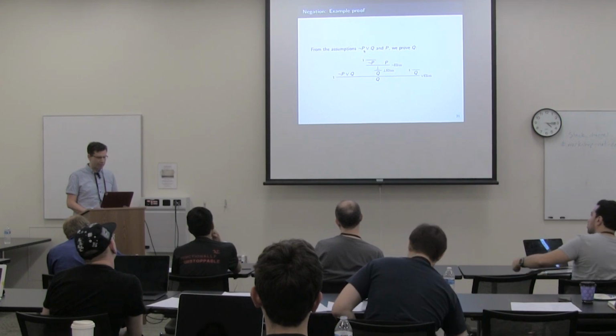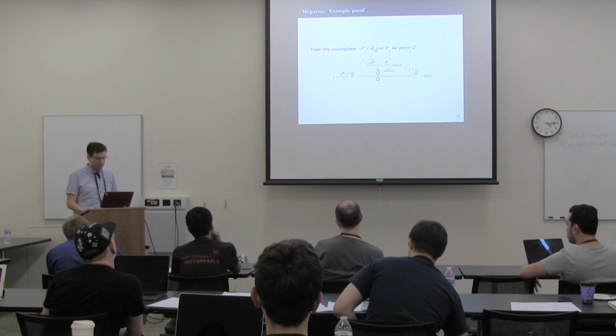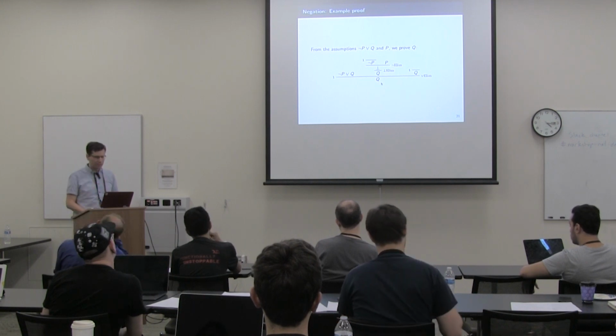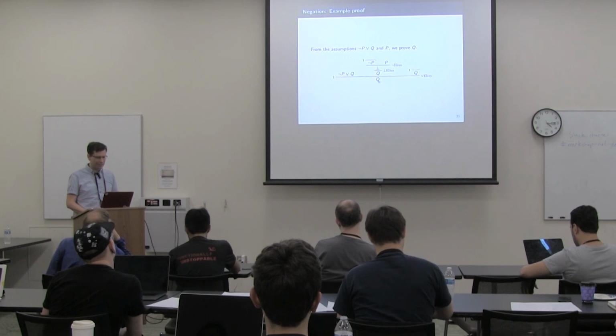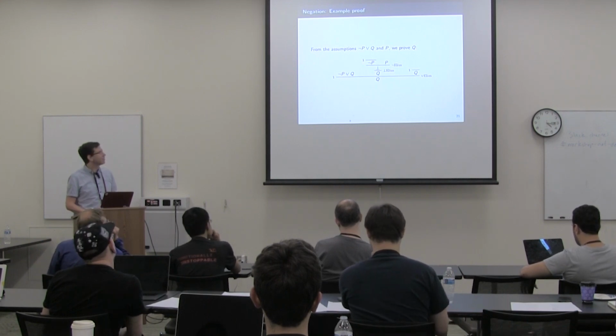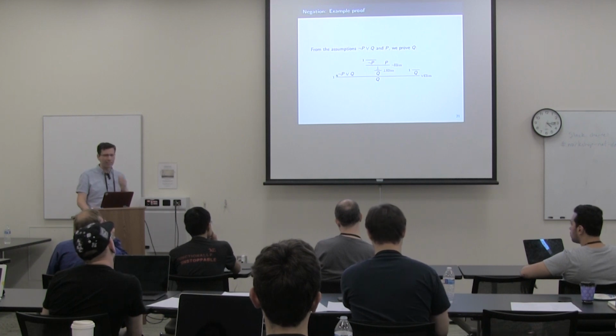So this is the same as saying P implies Q. In fact, you could do that in one more step with implication introduction here. You could cancel this P and conclude P implies Q, therefore showing that from this we can deduce P implies Q. And you can actually do it in reverse order too.